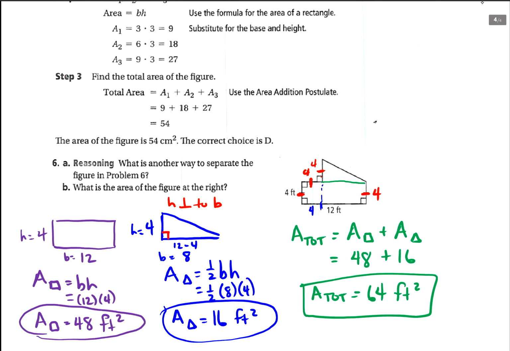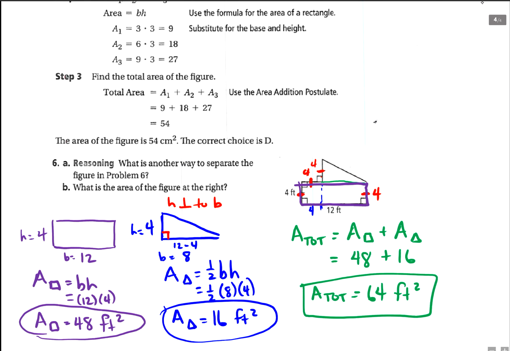All right? And then I said, well, you know what? I know how to do a rectangle and a triangle. So I broke this up into a rectangle. I redrew my rectangle. I labeled my base and my height. So my rectangle is right here. Height's 4 feet, base is 12 feet. That one's easy. I wrote my formula. Area of a rectangle is base times height, 48 feet squared.